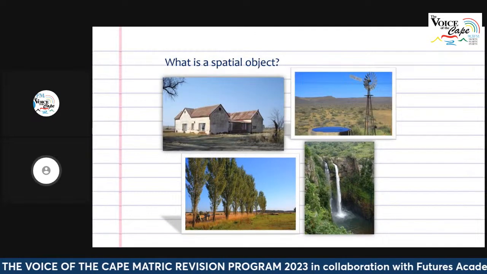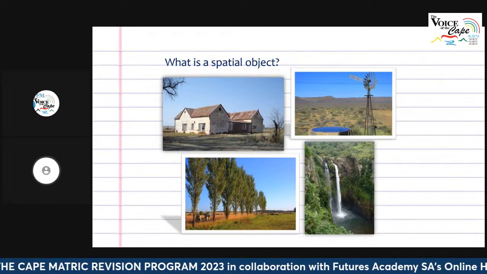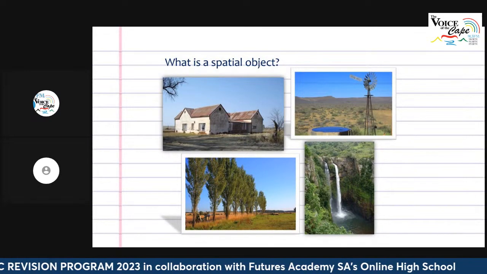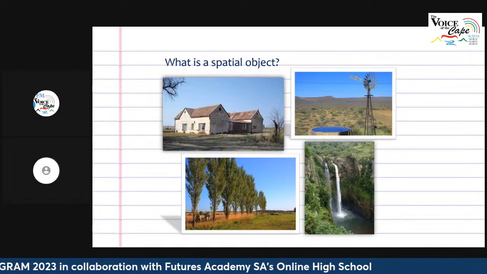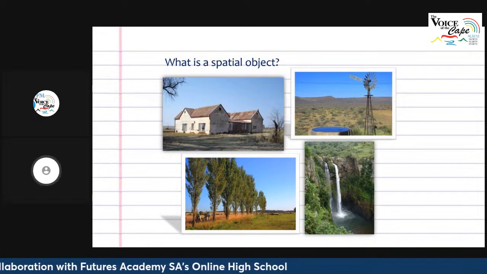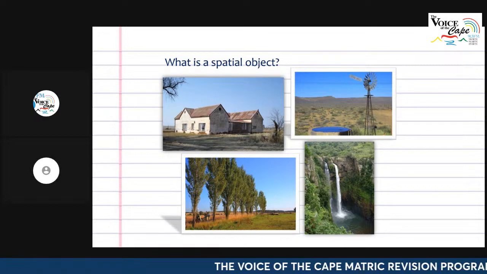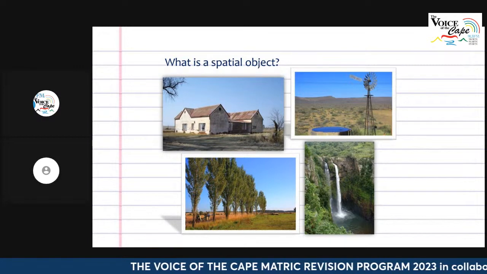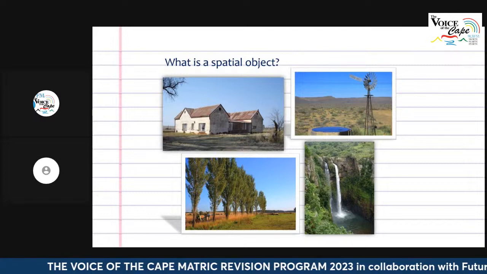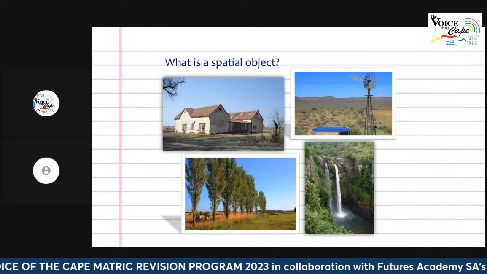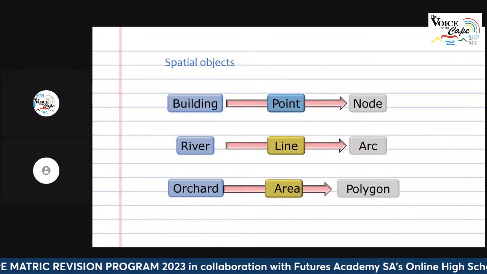So what exactly is your spatial data? So I'm going back again to the beginning. Remember, I said it is any geographic data that is found on a map. So whether it's a house, whether it's a reservoir, whether it's a waterfall or a row of trees, they are all regarded as spatial data.